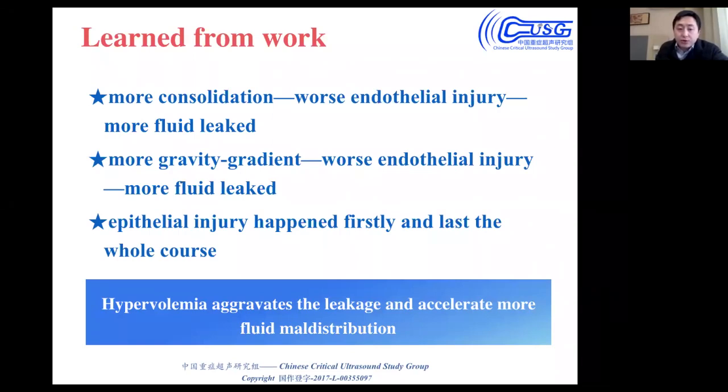But we should be cautious that the endothelial injury happens first and lasts the whole course. And hypervolemia aggravates the leakage and accelerates more fluid maldistribution.